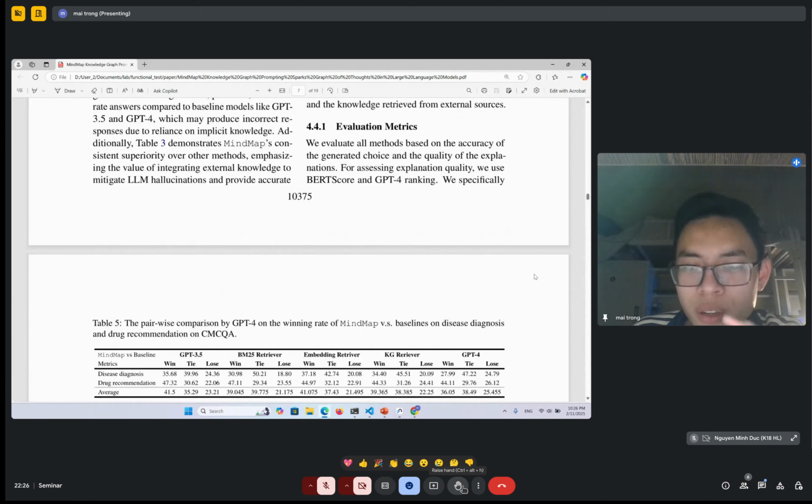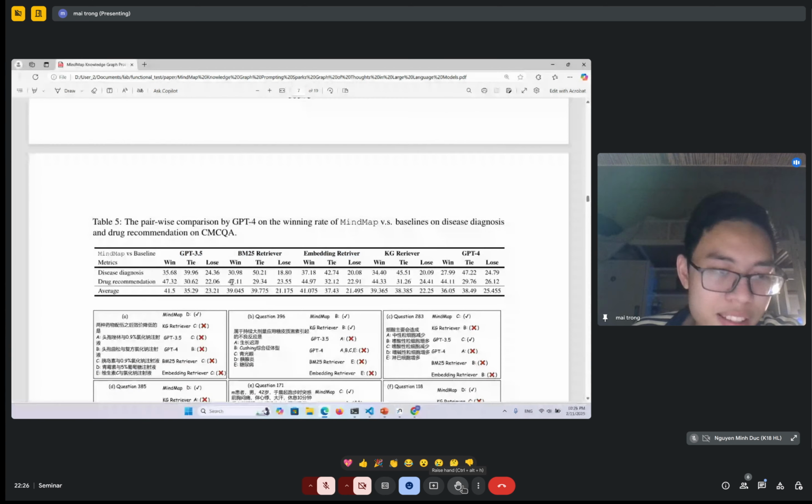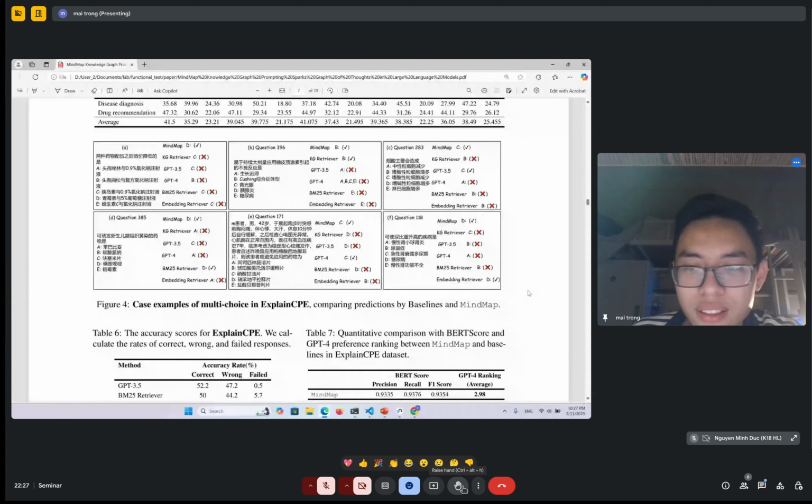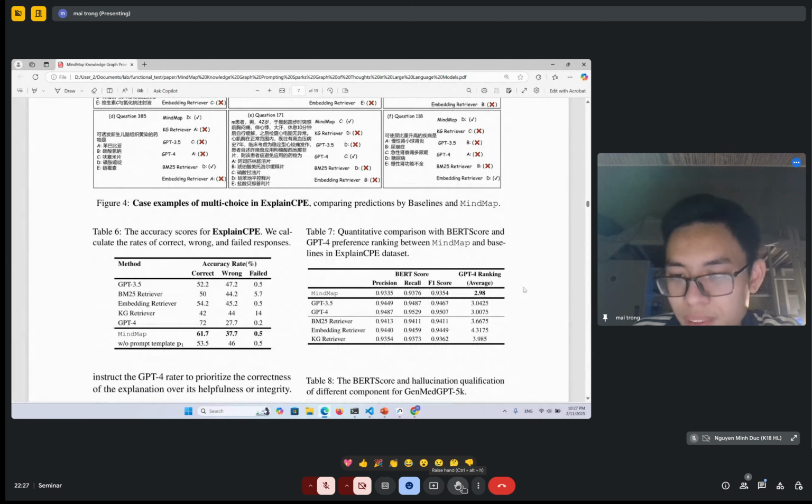They also have a lot of datasets and use different modules. BM25 is a traditional technique, embedding is the classical one, and they combine everything together to see what's the best. Okay, maybe you can read about this later. So maybe we come to the demonstration process right now.